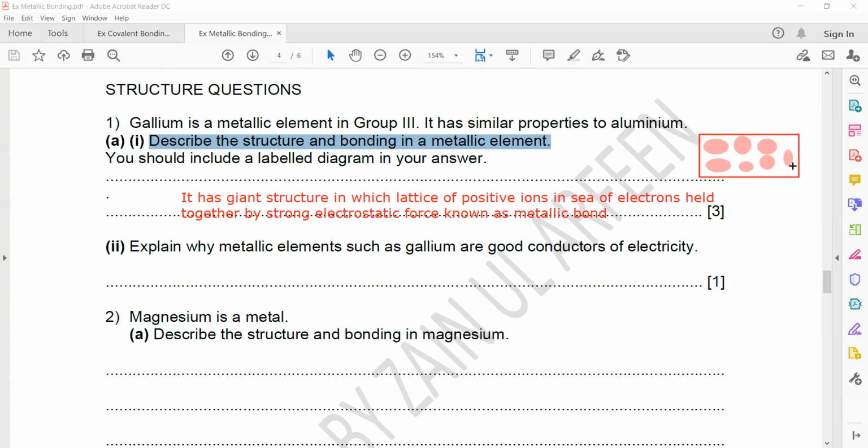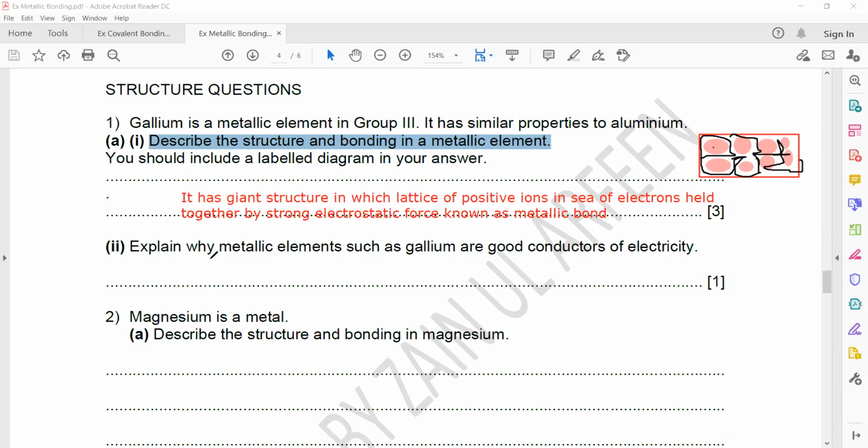For delocalized electrons, you can just shade the region instead of drawing the electrons, which means the electrons are free to move within the structure. And then label also, mention which one is positive ion and which one is electron.